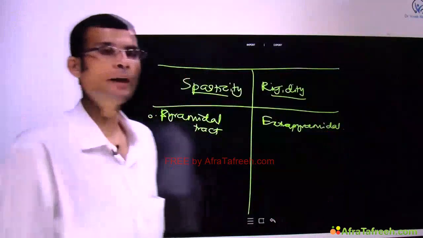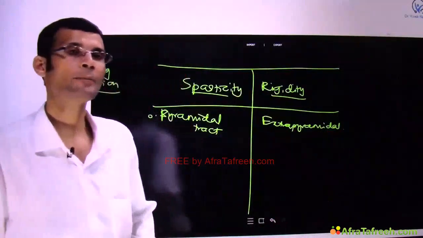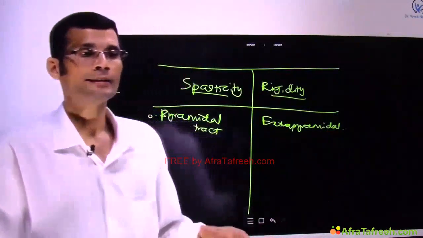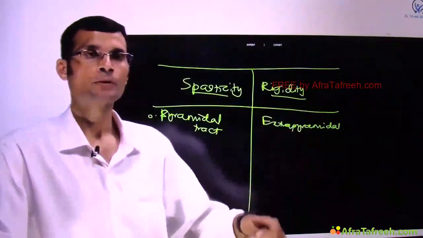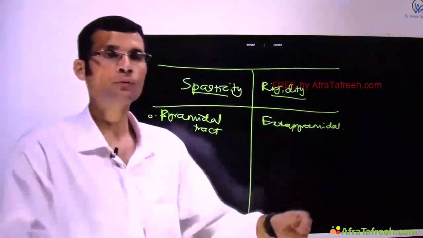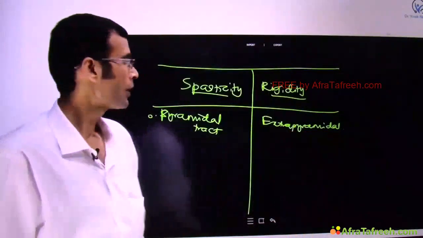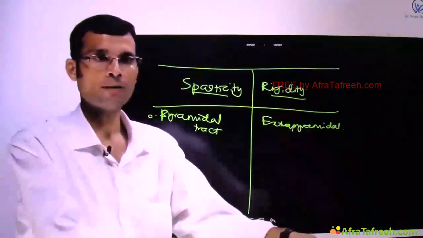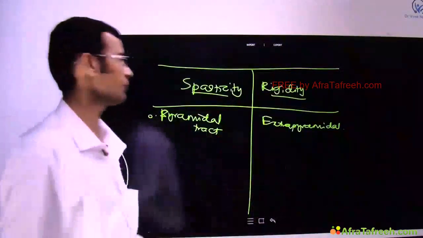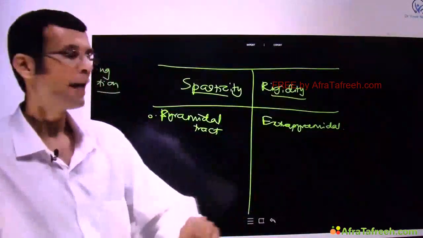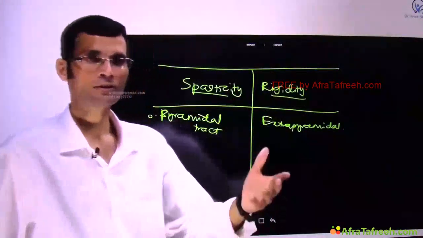Example, lead pipe rigidity. It's like this. When you try to bend a lead pipe, throughout the bending you will feel resistance. And when you leave the lead pipe after certain bending, it remains in that position, in a bent position. Similar thing happens in the extrapyramidal lesions, the rigidity.